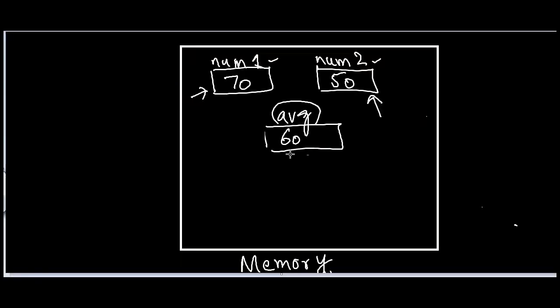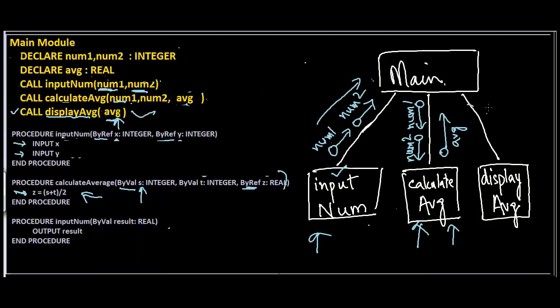If we take a look here, it has this value 60 inside of it. So there is a value being passed from the main module to the lower module. That is why we are going to display with a downwards arrow that AVG is being passed with a value towards this module. Okay.